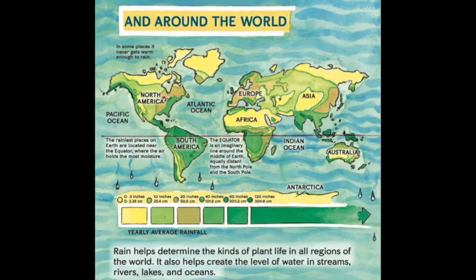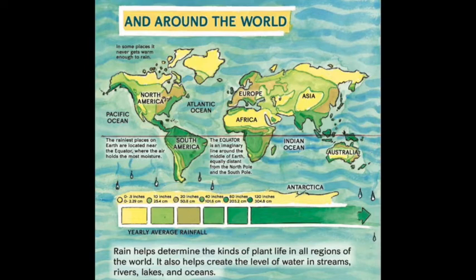And around the world. Rain helps determine the kinds of plant life in all regions of the world. It also helps create the level of water in streams, rivers, lakes, and oceans. And again, this is a map, and it shows the different amounts of rainfall all across the world.